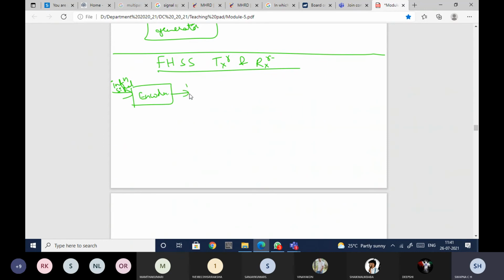From the encoder it is given to the MFSK or FSK modulator, and that should be the mixer. The mixer will take its input from the frequency synthesizer.